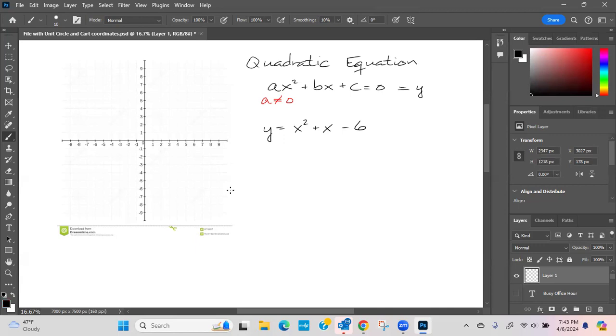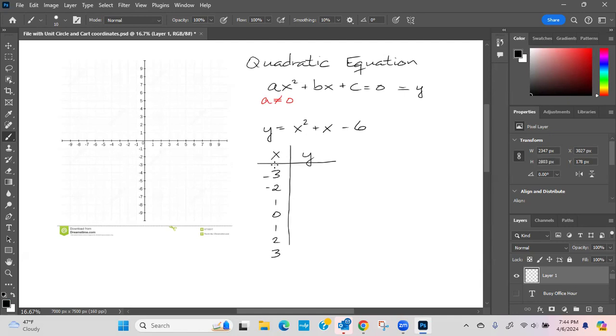So in the problem I'm looking at, it says use the integers between -3 and 3 inclusive, which means we have to include -3 and 3. So I'm going to go ahead and create my little table here, and we will grab those integers from -3 to 3 inclusive.